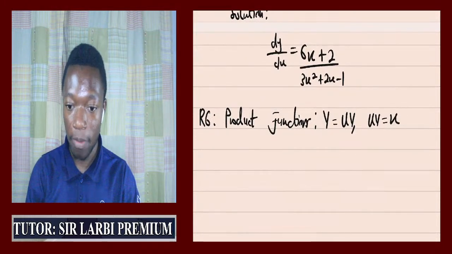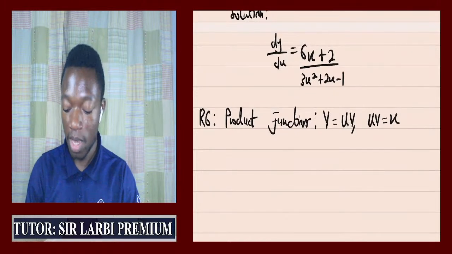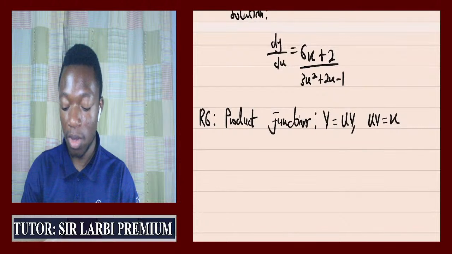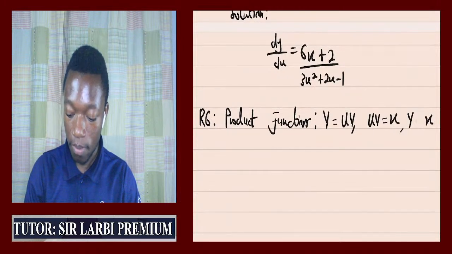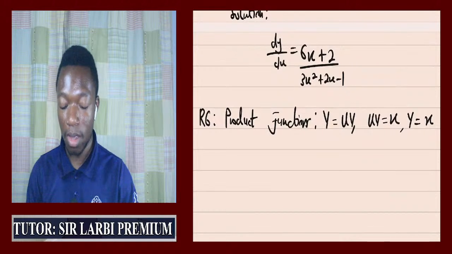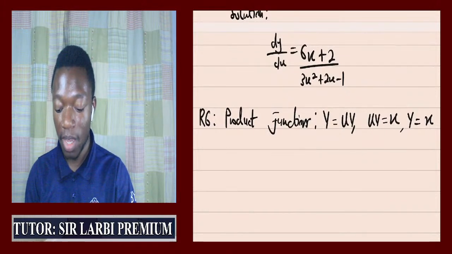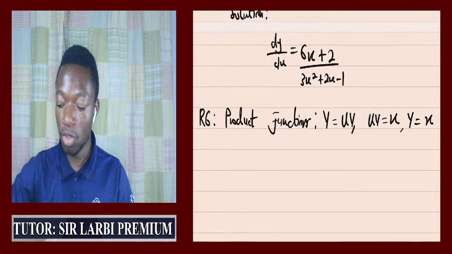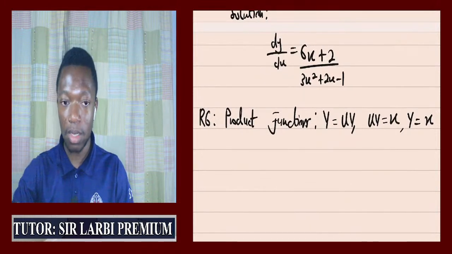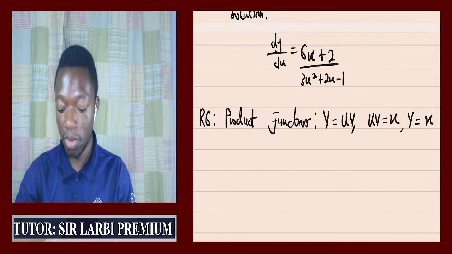So from this deduction, we can say that y should also be equal to what? x. I hope you agree with me. If y is equal to uv and uv is also equal to x, then we can conclude that y should also be equal to x. So that is the first statement that we built, a general identity.